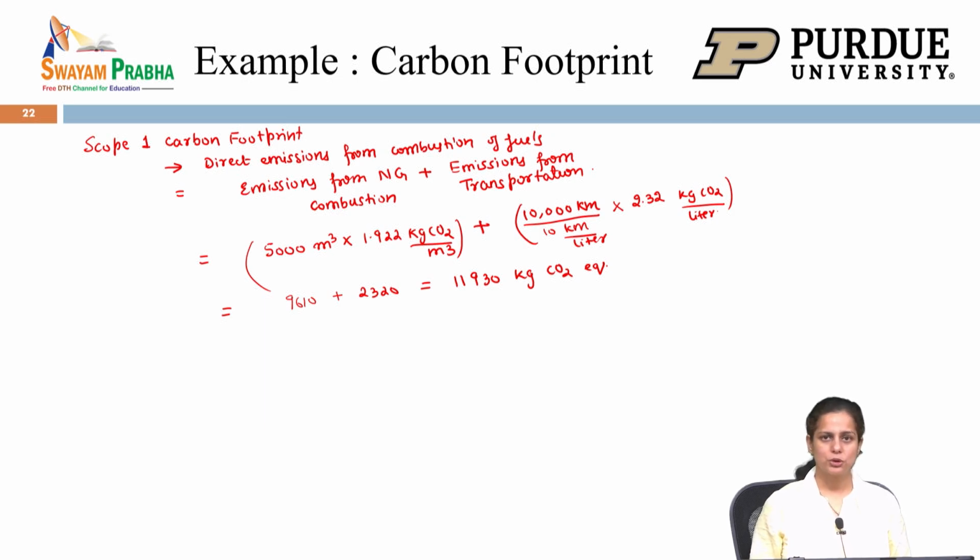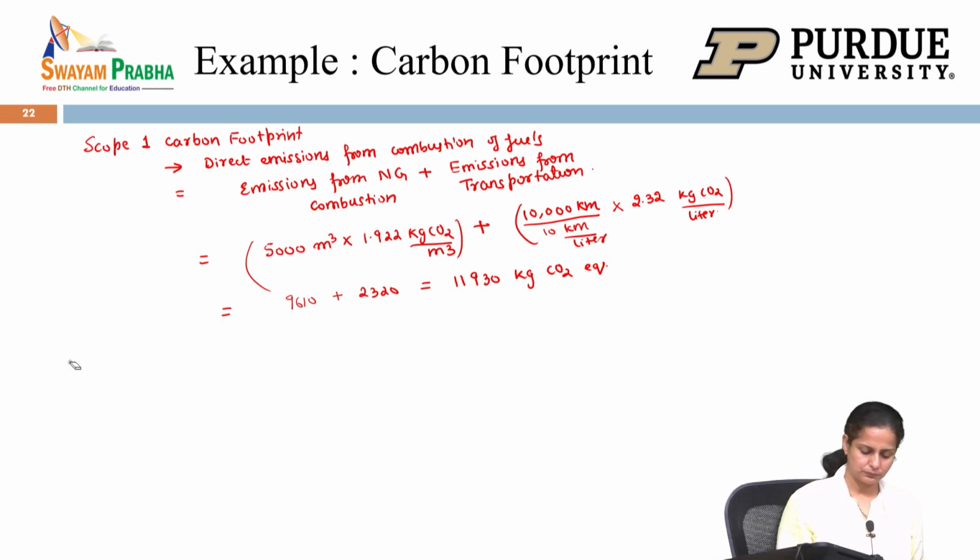Let us look at scope 2 carbon footprint. If you recall, the scope 2 carbon footprint is the total, that is the direct emissions plus the emissions that is produced for support of any other energy input. So, in this case the energy input additional is the electricity. So, scope 2 carbon footprint will include the scope 1 carbon footprint.